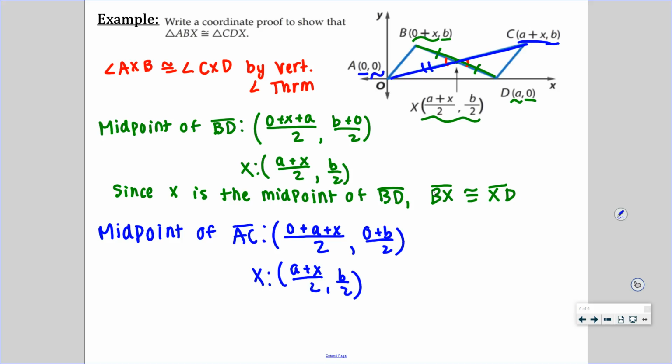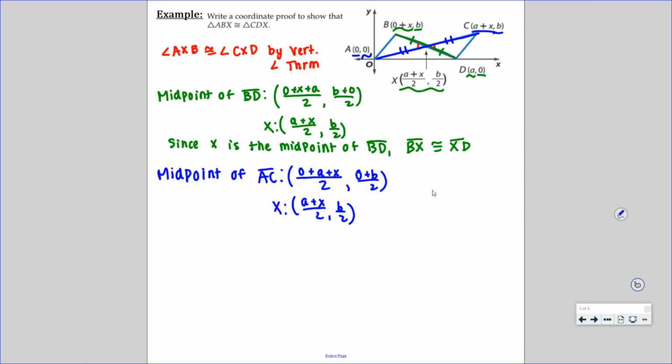Nice, meaning these two segments are congruent. So, since x is the midpoint of AC, AX is congruent to XC.